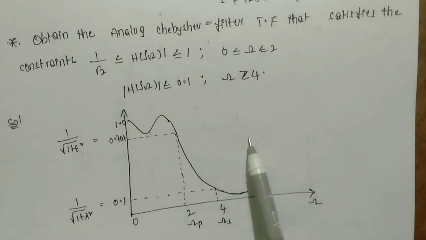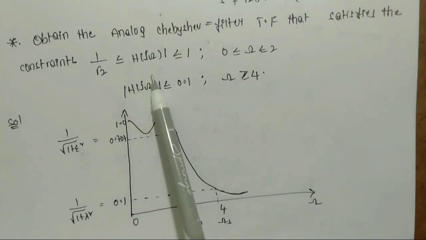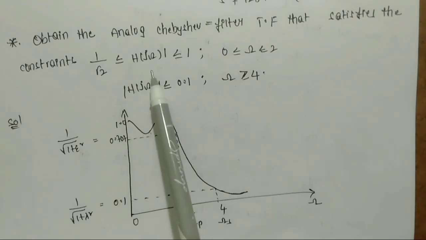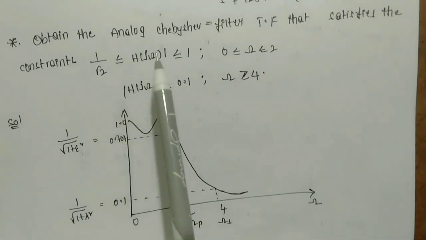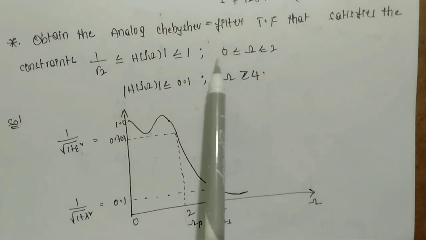Okay, now H(j omega) in this question is the transfer function. So what he is saying is that the transfer function is between 1 by root 2 and 1 when omega is between 0 and 2.